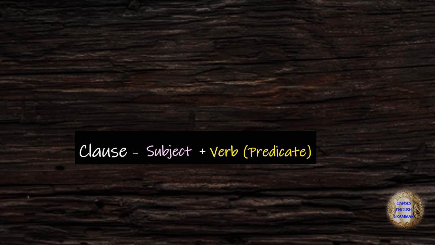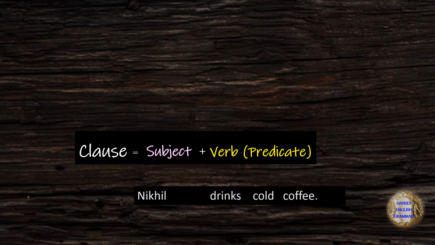Before we proceed, let me tell you what a clause is. A clause will contain a subject and a verb. So you can call it a subject and predicate. Now let's look at this sentence. Nikhil drinks cold coffee.